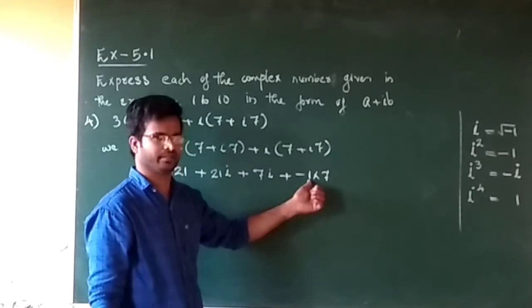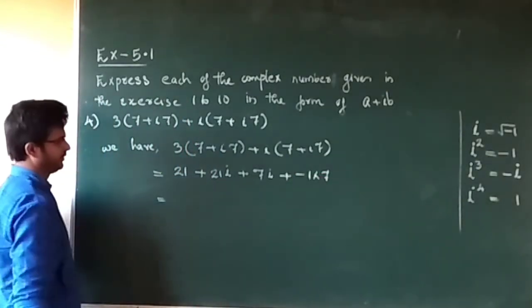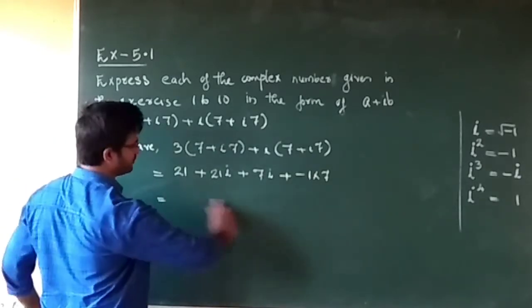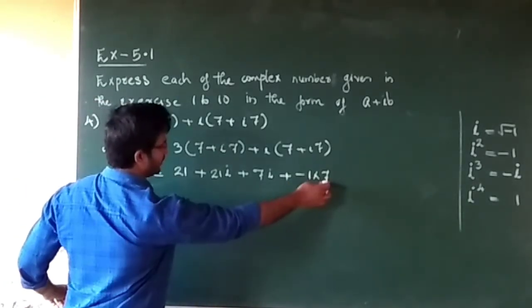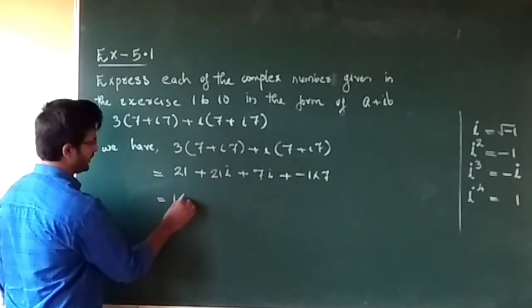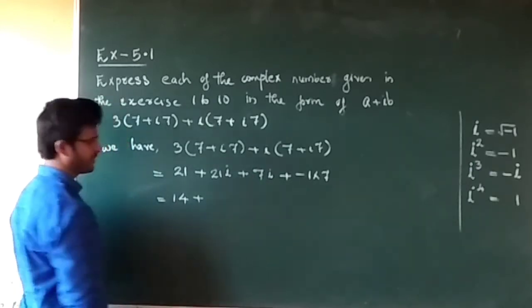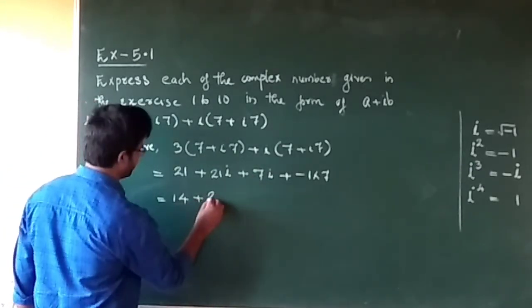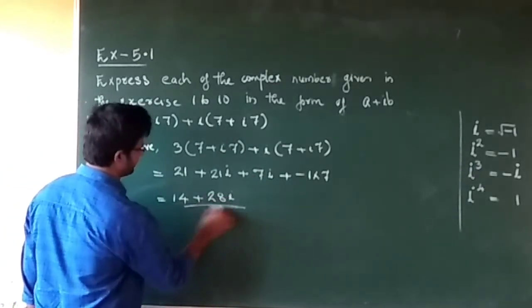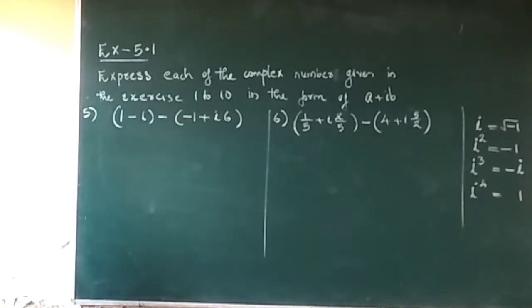Then 7 only remaining. Then 21 minus 7: minus 1 into 7, minus 7, isn't it? 21 minus 7, 14, plus 21i plus 7i, 28i. This is our answer.